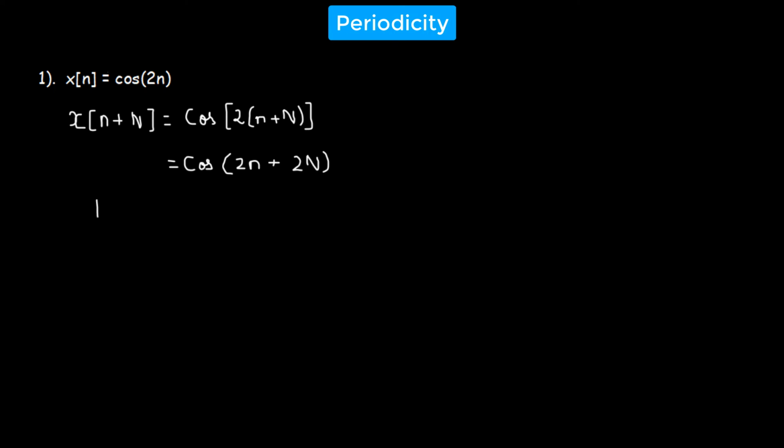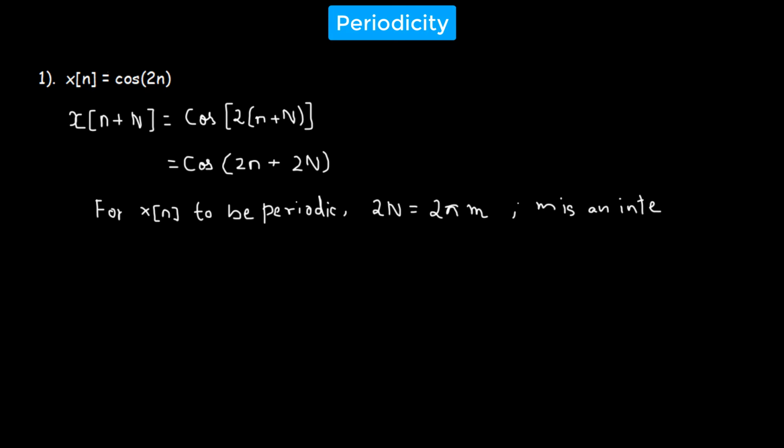We know that for x of n to be periodic, this 2N must be equal to a multiple of 2 pi m, where m is an integer, because 2 pi is the period of a cosine function.